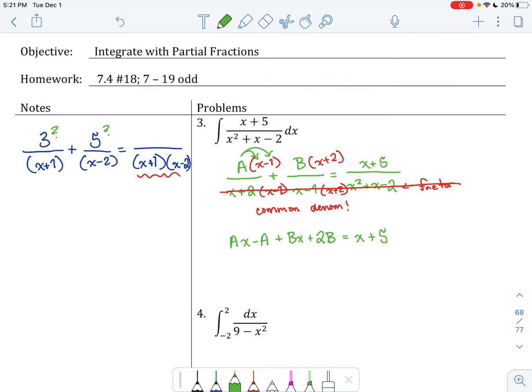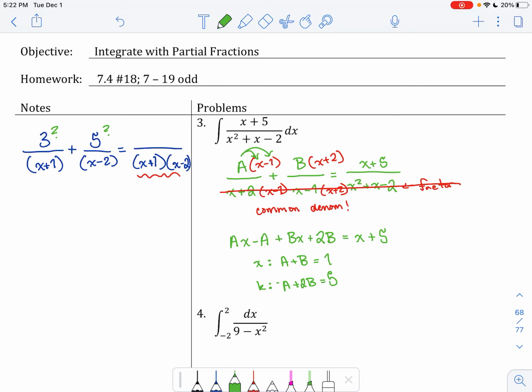Now, if you remember from pre-calc, what we do at this point is we set up a system of equations where we have our x terms and our constant terms. Our x terms in this case are a plus b on the left, equal to 1x on the right, and our constants are negative a plus 2b on the left and 5 on the right.